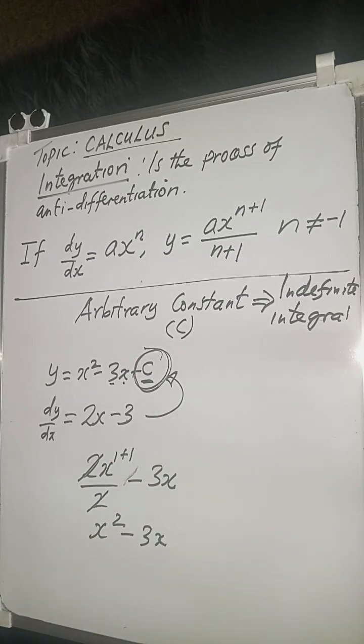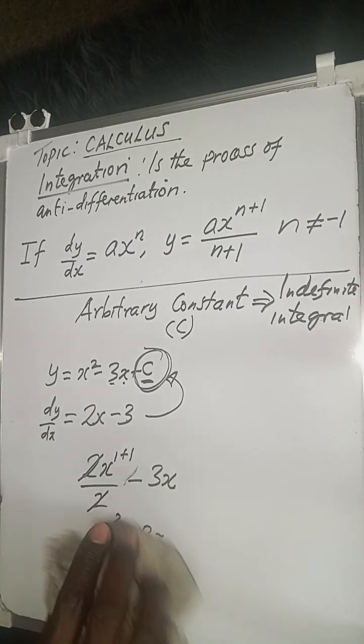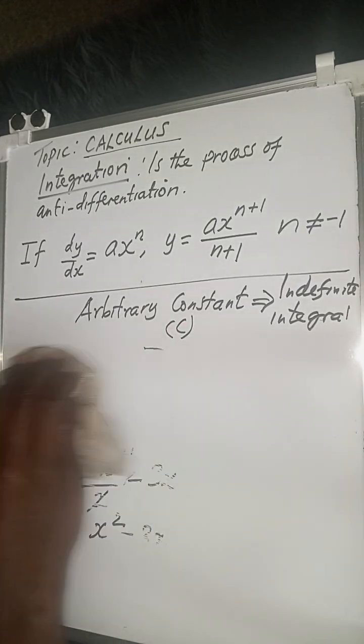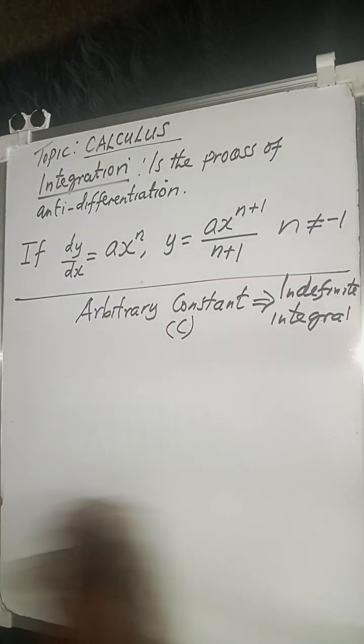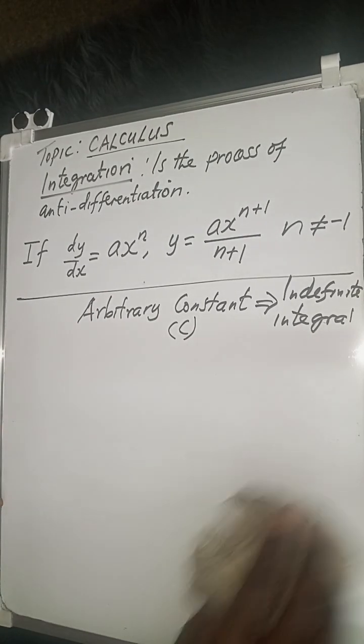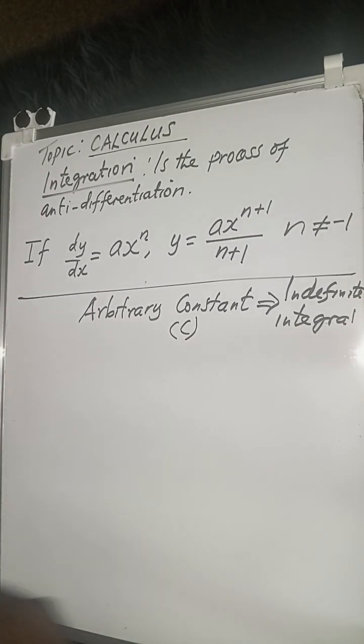And that is why in our discussion, when you are integrating, you need to remember the arbitrary constant, especially if you have not been given the upper and the lower limits. I'll talk about that in a short while.